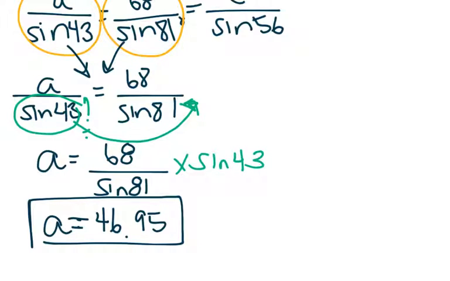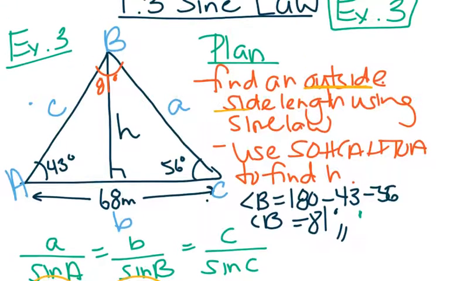Now we're going to put that label back up to our triangle. So 46.95 is our A. I'm going to write here 46.95. Now let's take a look back up here. The whole goal of this is to find H. To find H, we need to use this right angle triangle.